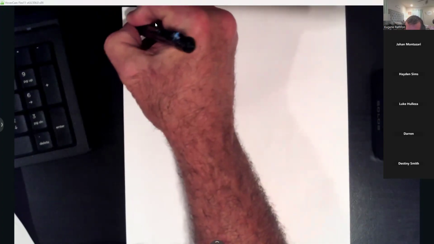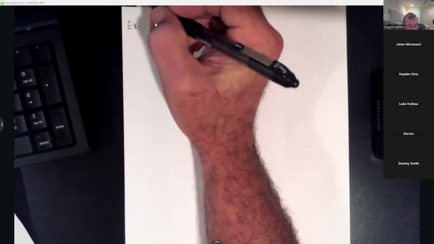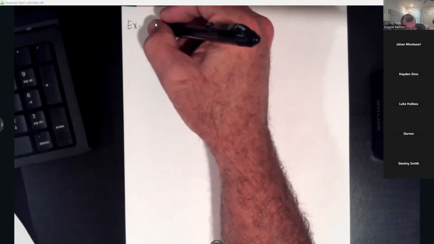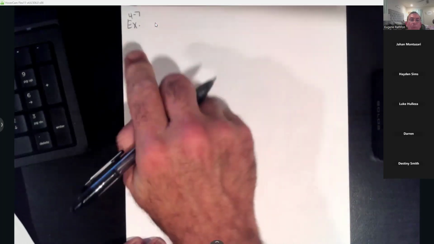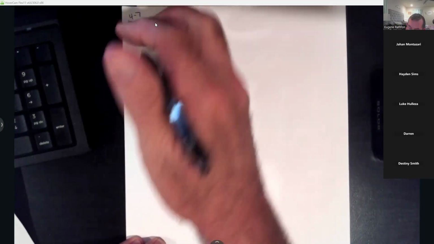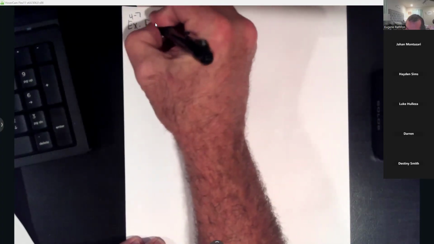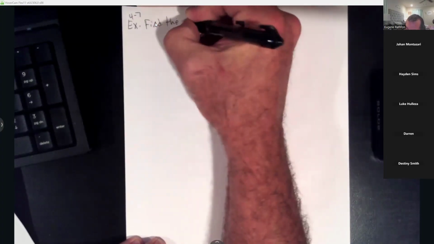All righty. So for the next few examples, and these will be like from 4 to 7, you're going to find the vertical asymptotes.